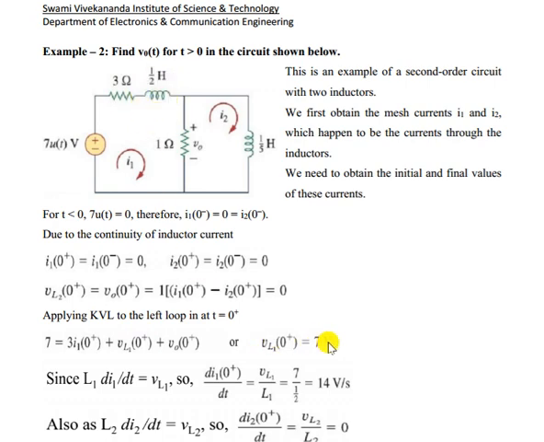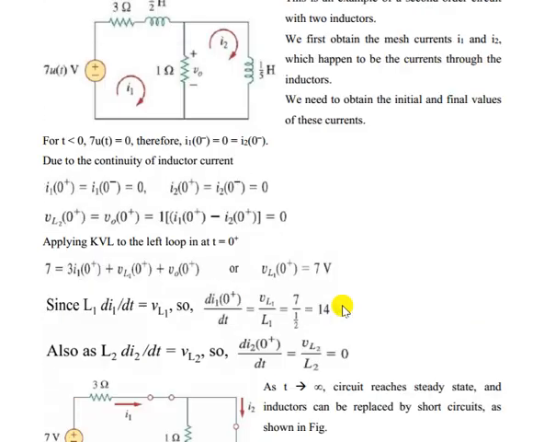VL(0+) becomes 7 volt. Since L1 di1/dt equals VL1, we can find di1(0+)/dt, that is VL1 by L1, 7 by L, which is 14 volt per second. Now for the second inductor, L2 di2/dt is VL2, and VL2 is 0, so di2(0+)/dt equals 0.